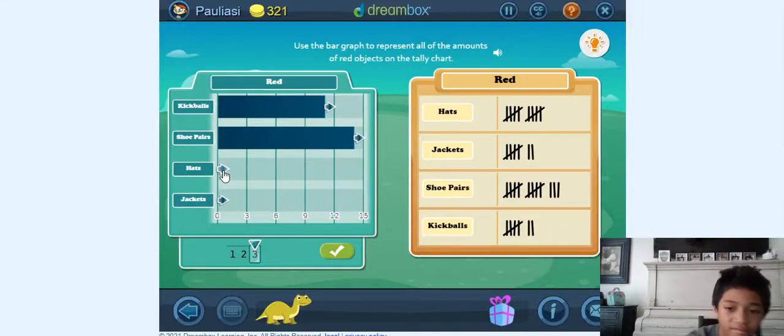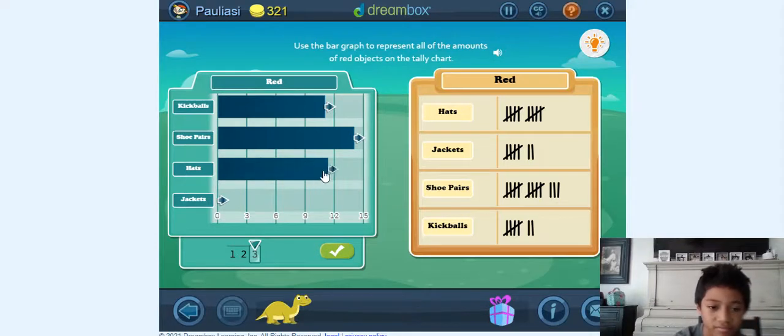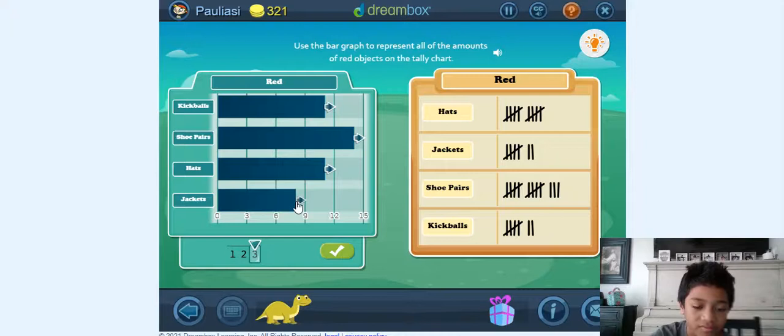The amount of hats is 10. And the amount of shoe pairs is 13. Oh, I did that. And now we're going to do jackets. Jackets, there are 7. So right here.